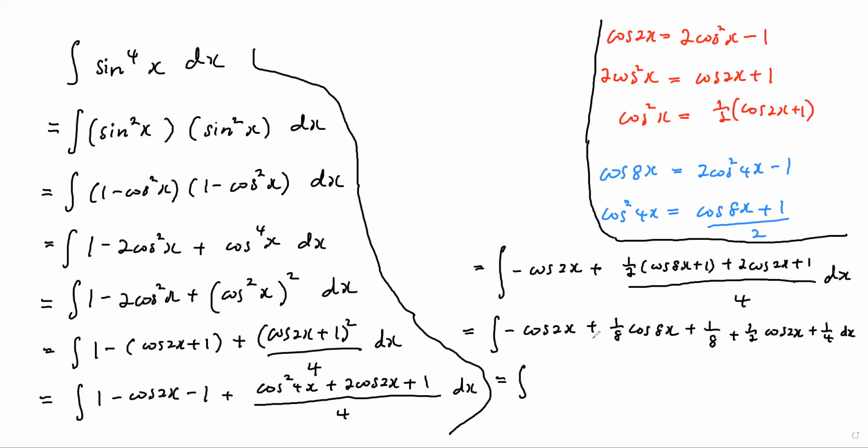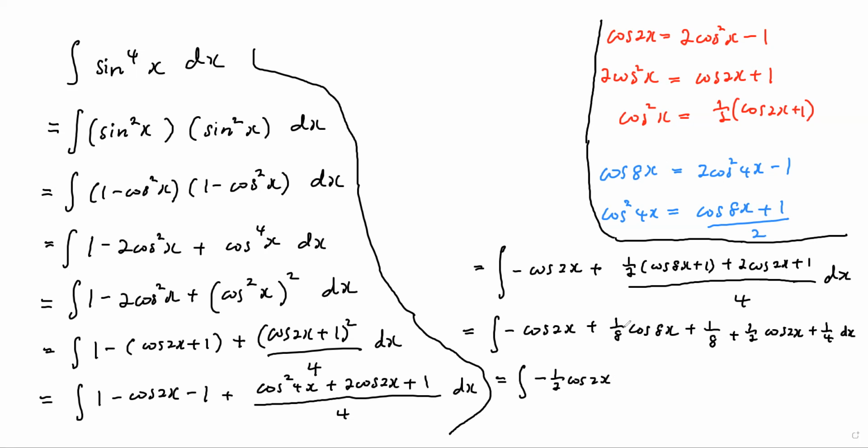Is there anything that we can combine to make things a little bit easier for us? Well, we have a negative cosine 2x plus half cosine 2x, so we can combine that together. Negative 1 cosine 2x plus half cosine 2x gives us negative half cosine 2x.